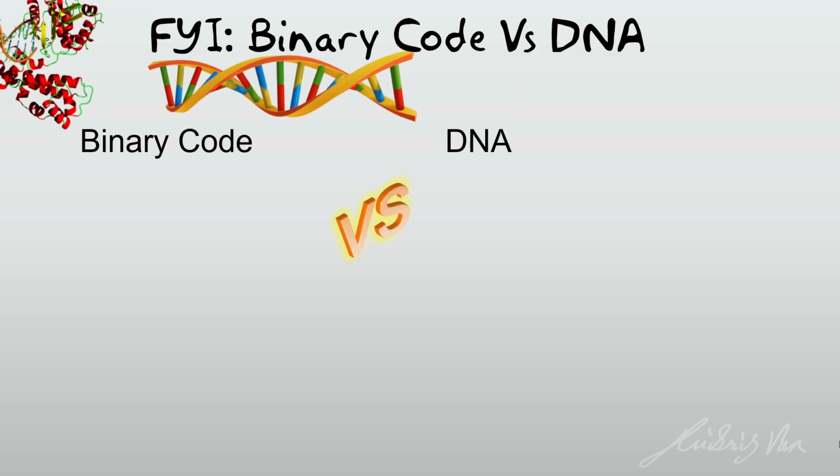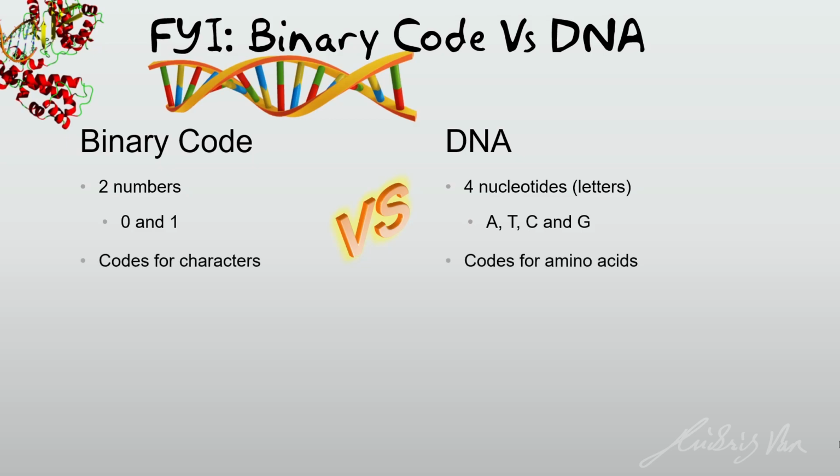Let us compare binary code and DNA. For binary codes, it uses two numbers, 0 and 1. DNA uses 4 nucleotides, A, T, C, and G. Binary codes code for characters inside the computer, while DNA codes for amino acid.